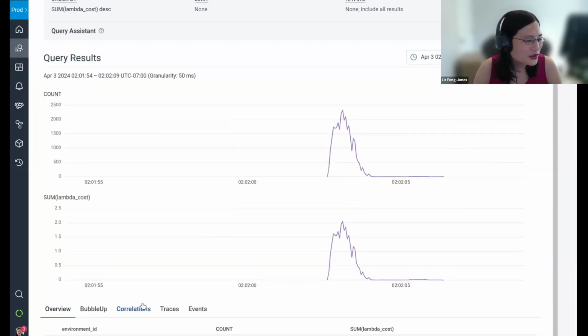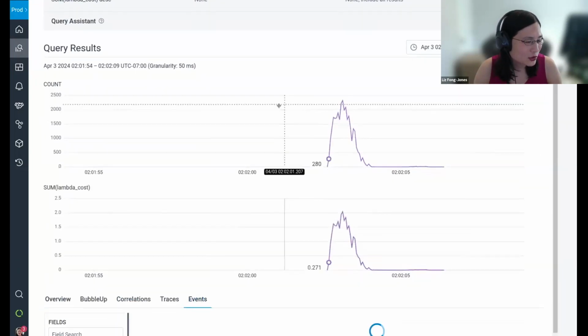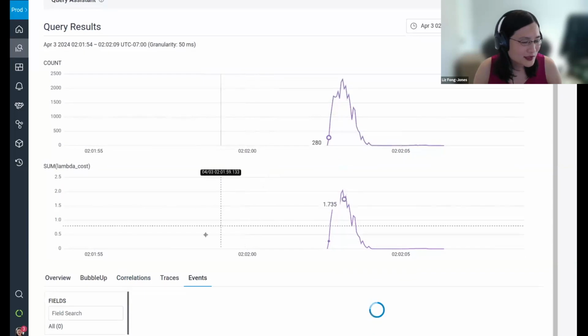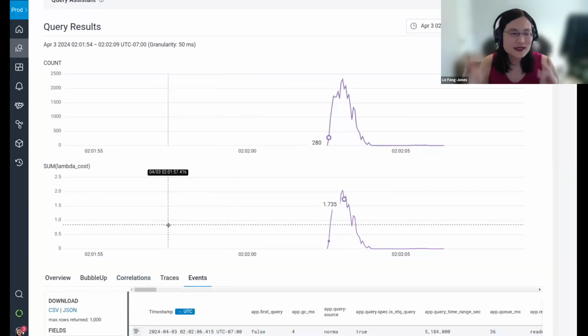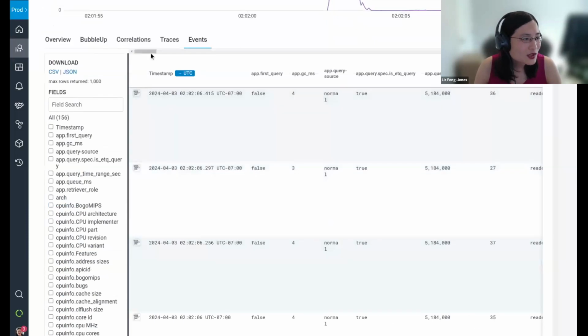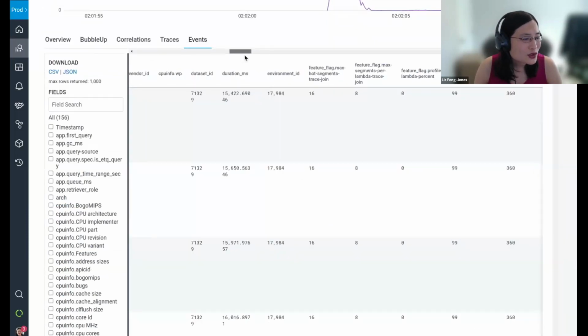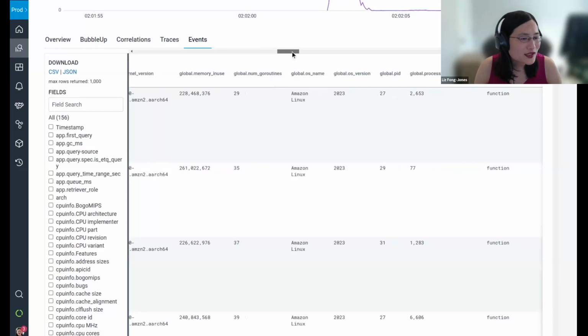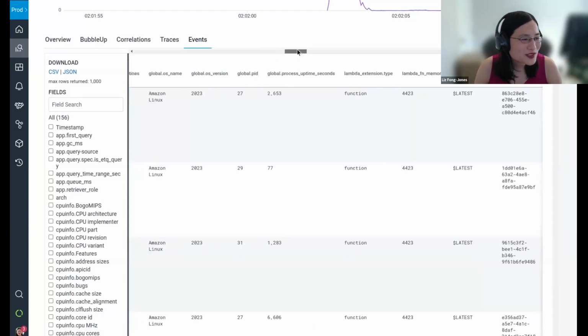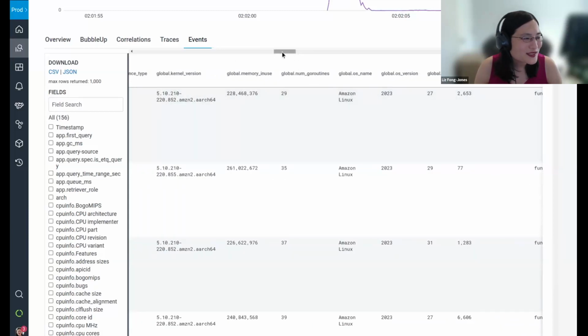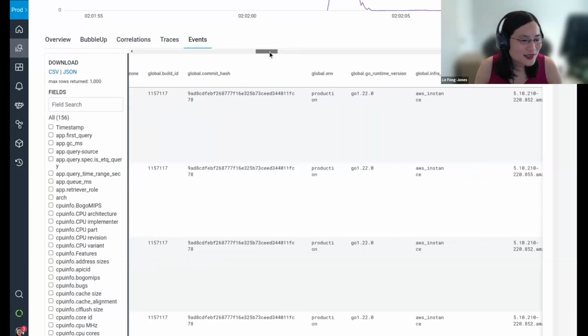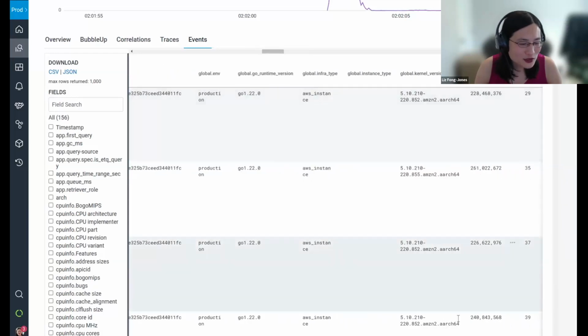And the other thing that I can do with this is go and look at the raw data. When I'm talking about adding keys and values to your data, what I mean is you're able to see information like which version of Amazon Linux this is running on, in case there's some kind of performance difference. Actually, that's an interesting question.